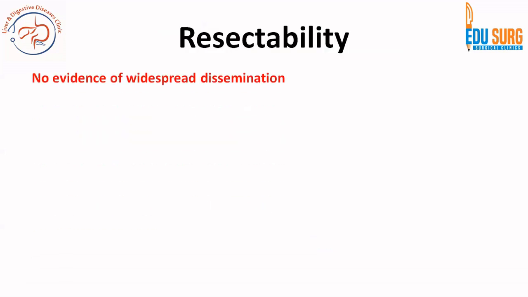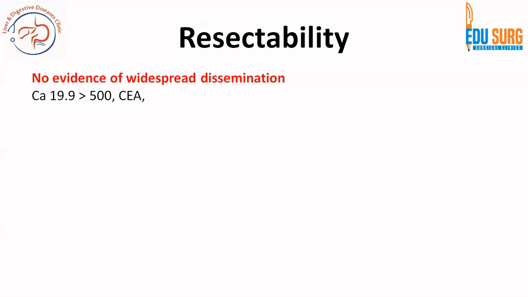So now coming to resectability, it is a very simple concept to understand. There should not be any evidence of widespread dissemination of disease, or in simple terms, there should not be metastatic disease. For pancreatic cancer, how can we say? CA 19-9 more than 500 usually indicates vascular involvement or metastatic disease.